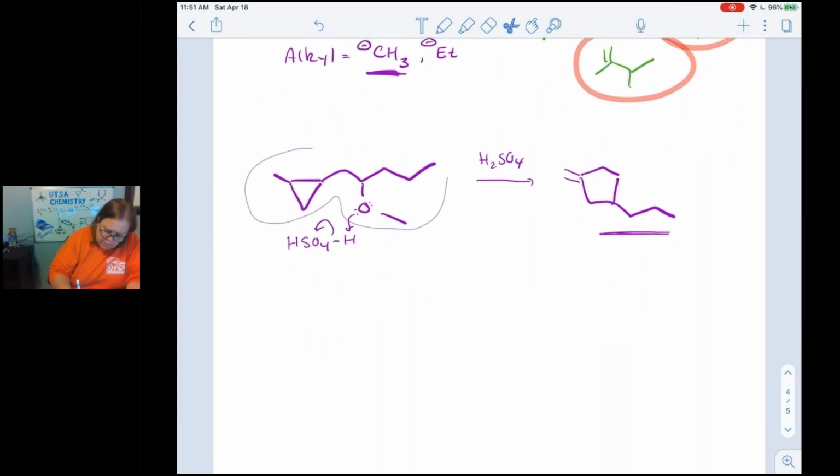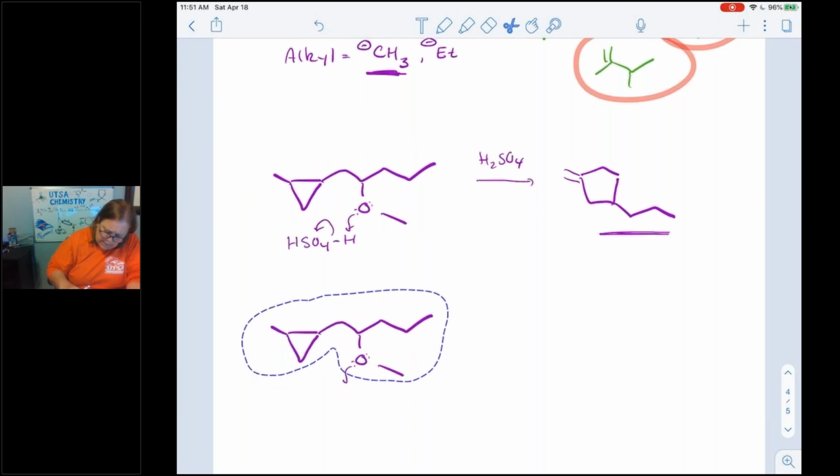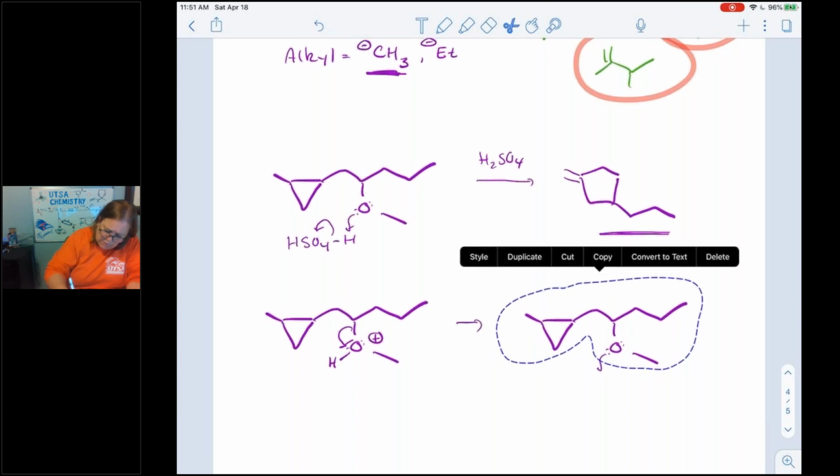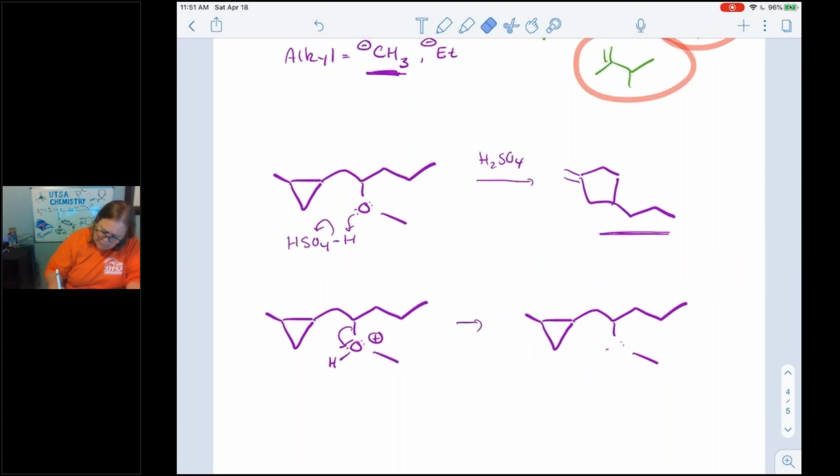Anytime you have an ether or an alcohol, or even an epoxide, anytime you have an oxygen atom and a strong acid, you protonate. You form a good leaving group, and the leaving group goes. Now what we're going to have is this so-called ring expansion.